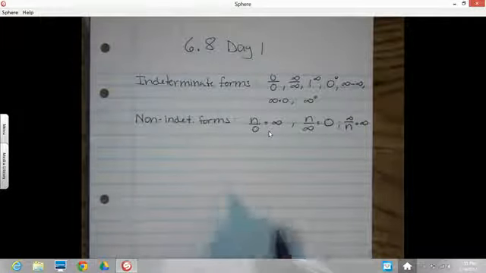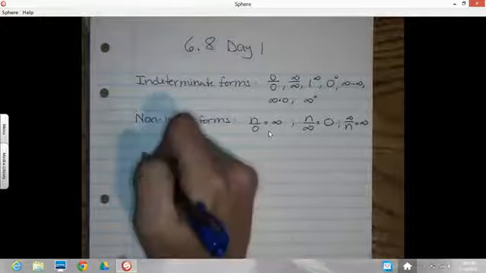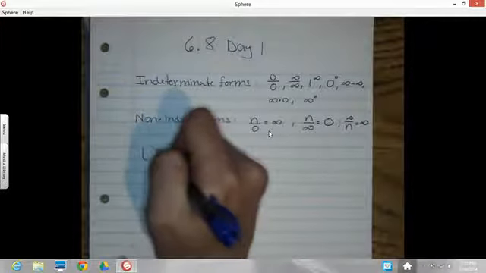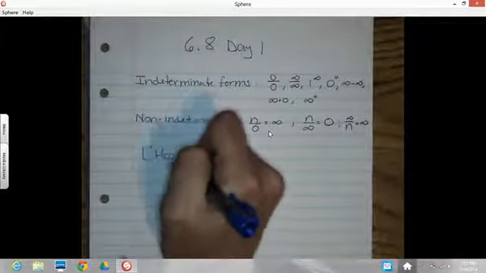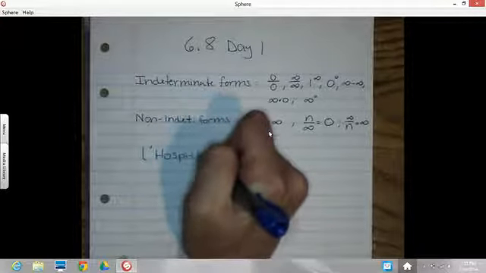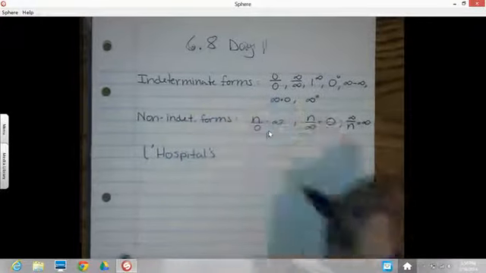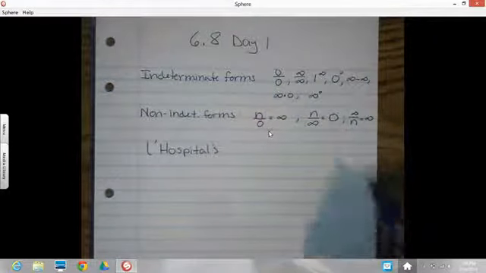What we're going to use today is called L'Hopital's rule. That's an L. That's L'Hopital. I know it looks like the hospital, but it's L'Hopital's rule.